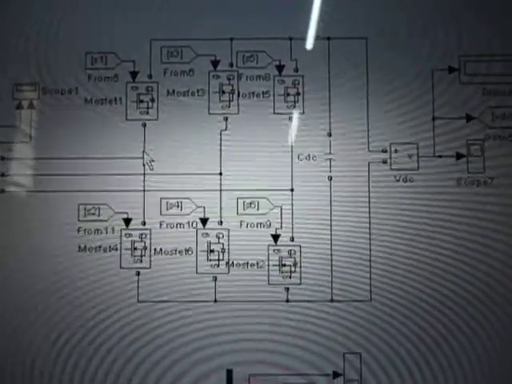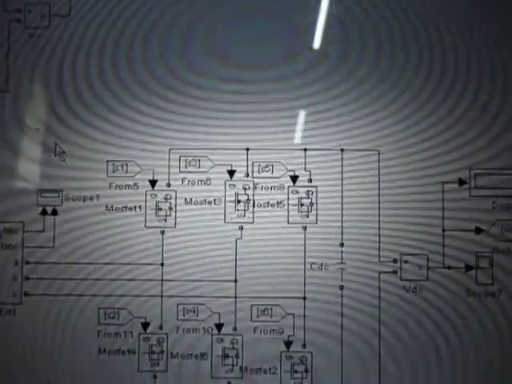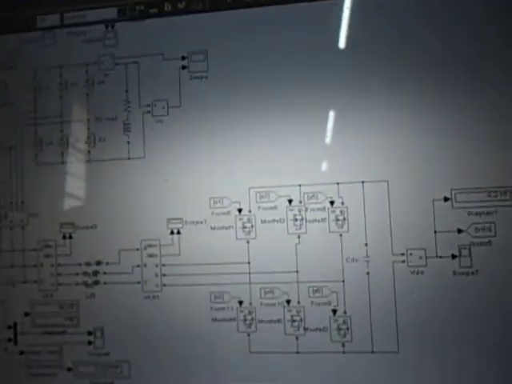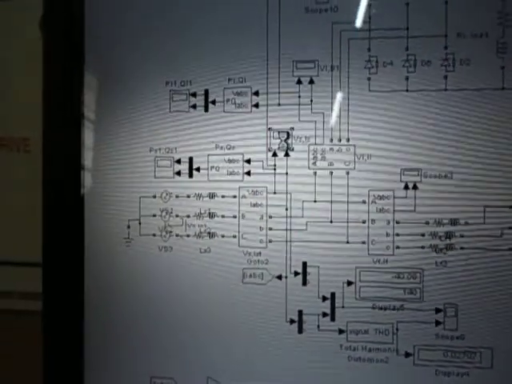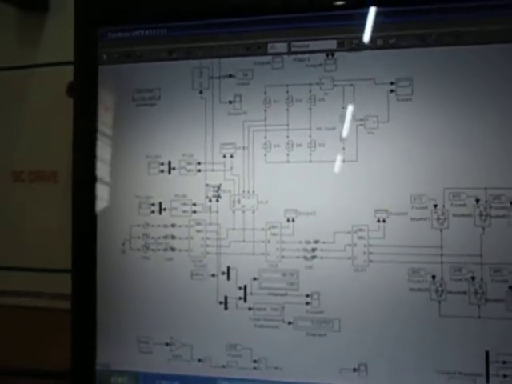By using this shunt active power filter, we can control the harmonic distortions in the source, so that the output voltage and currents are given here.